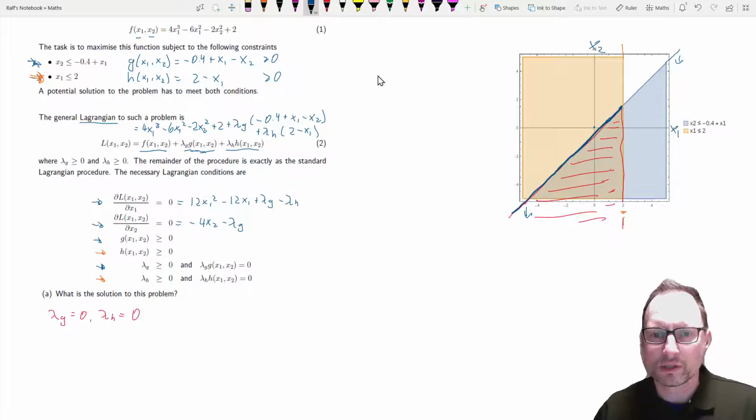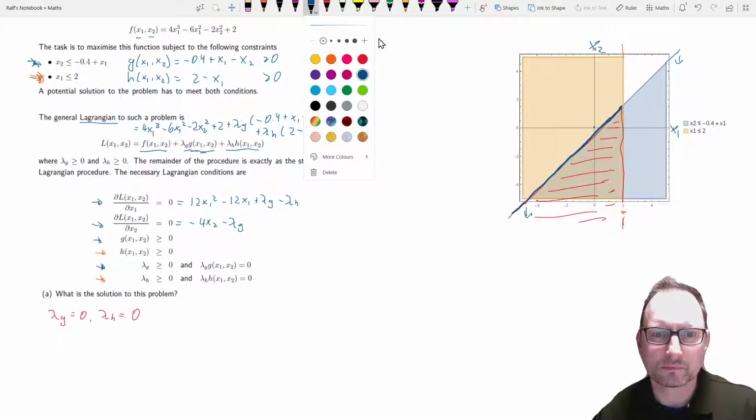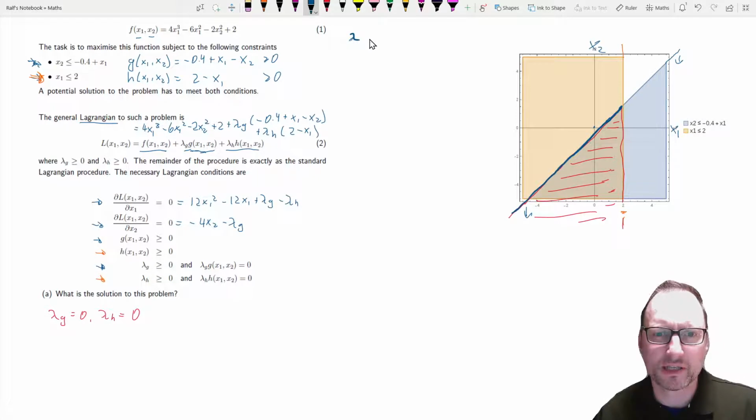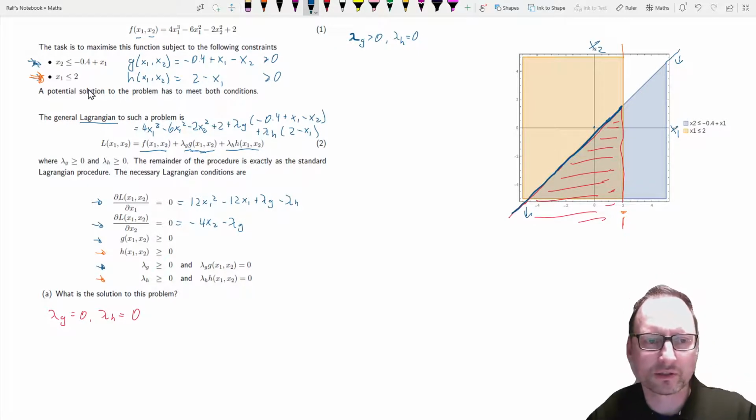So to look at this, we will have to look at the case where lambda g is larger than 0, but we will temporarily assume that lambda h is still equal to 0, so that the second constraint isn't binding yet.